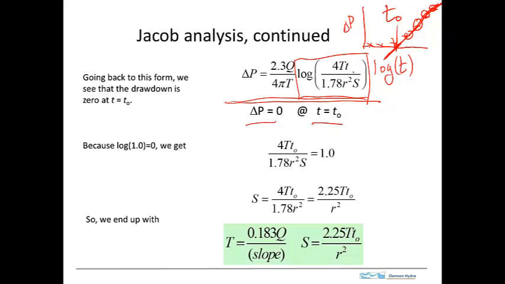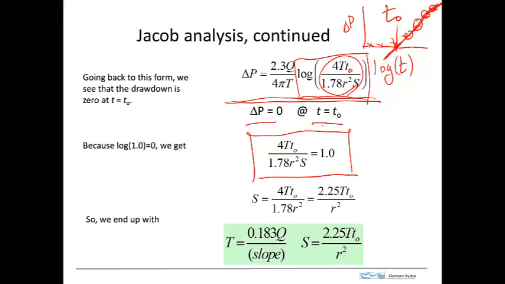So if we put a little t0 there, when this term here is equal to 1, then the log is equal to 0 and the drawdown is equal to 0. Okay, so what we have to do is then find out what happens here. So that is the condition for the drawdown being equal to 0.